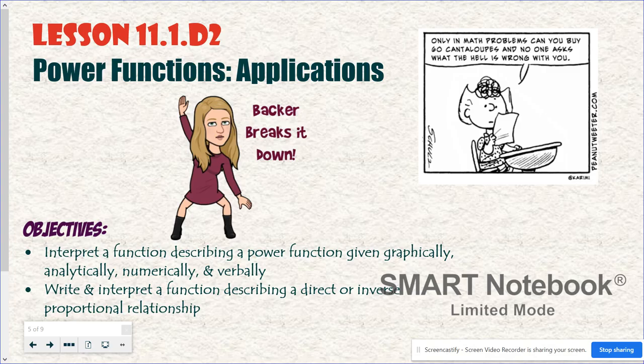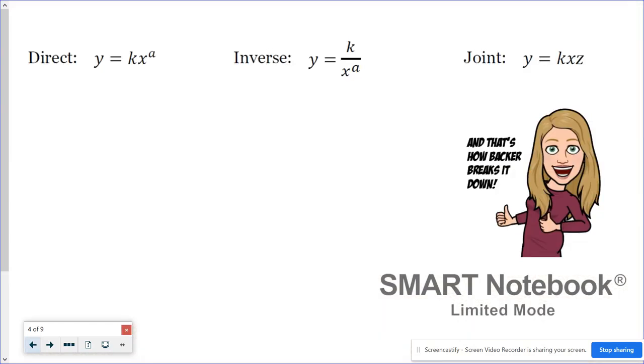In our previous episode, we talked about variation, right? We had direct variation, inverse variation, joint variation. Whenever they use the phrasing that y varies directly as x, I'm going to write y equals k times x.